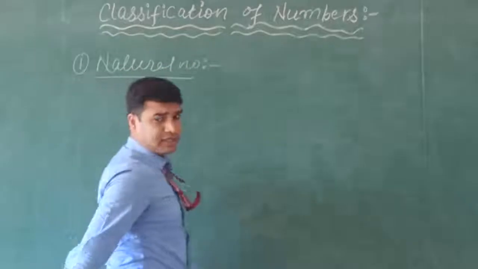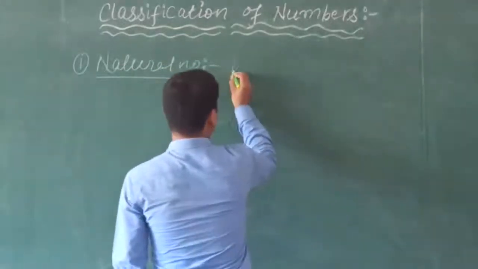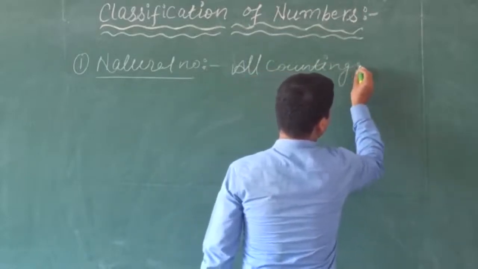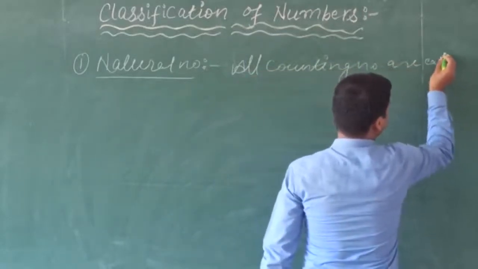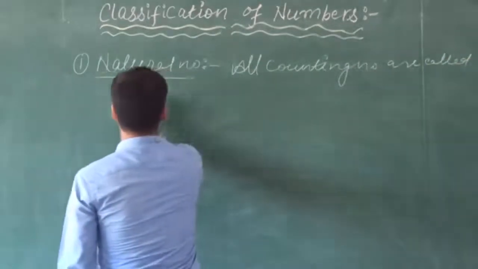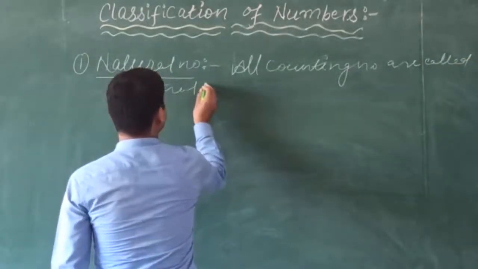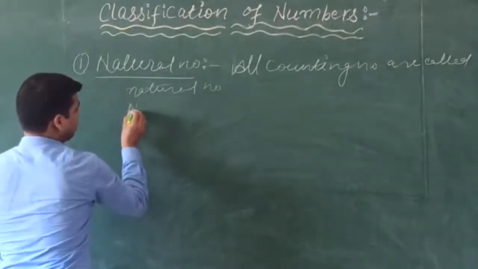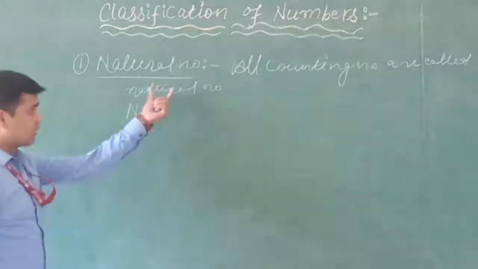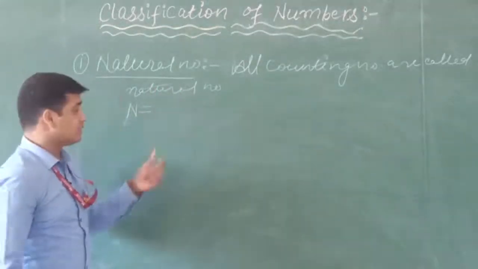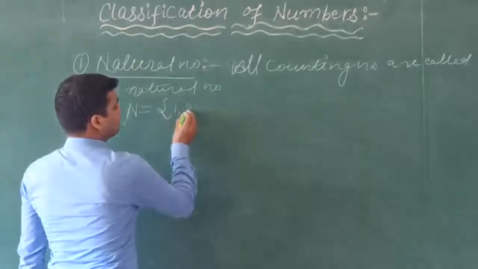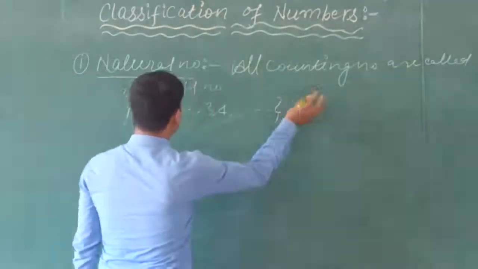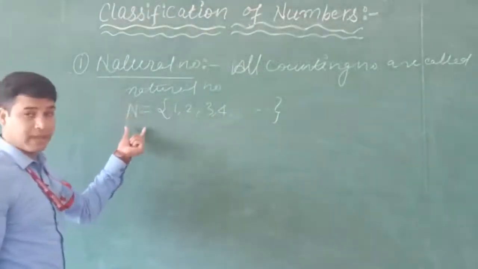We know that all counting numbers are called natural number, and it is denoted by capital N. Okay, now we know that all counting numbers are called natural number, means it will start with 1, 2, 3, 4 and so on. Okay, so this is called natural number. It is denoted by capital N.